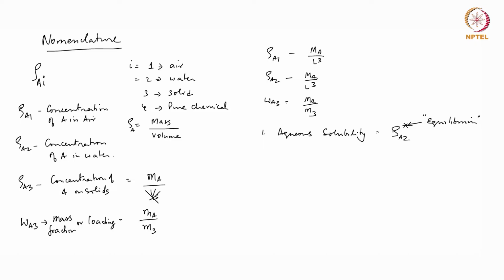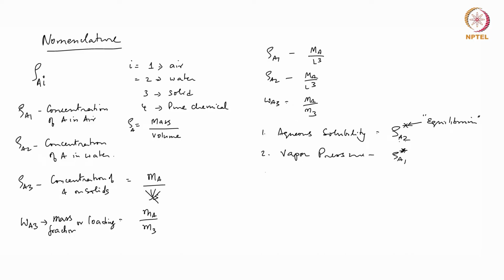So it is the equilibrium of pure A with water. This is the equilibrium concentration of A in water. Similarly, vapor pressure is rho A1 star. It is the equilibrium concentration of A in air.